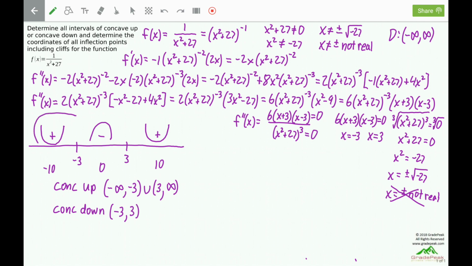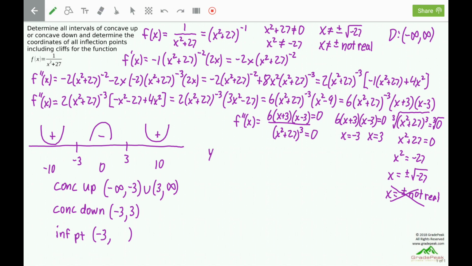Right at the candidate number of x equals negative 3, we do have the concavity changing from concave up to concave down. So x equals negative 3 will be an inflection point. It has an x-coordinate of negative 3. It has a corresponding y-coordinate that can be found by plugging the negative 3 back into the original function.